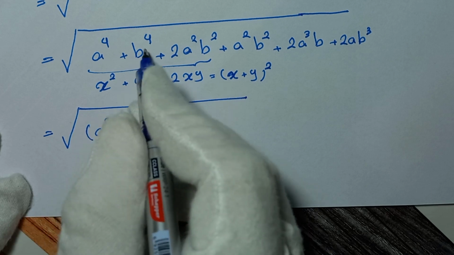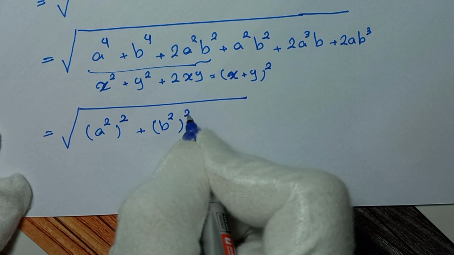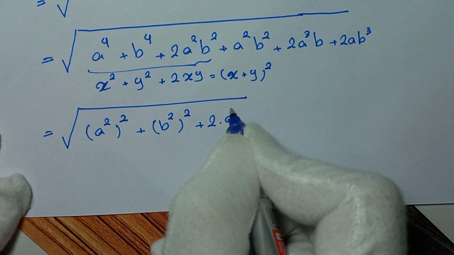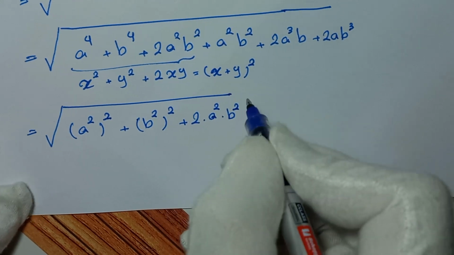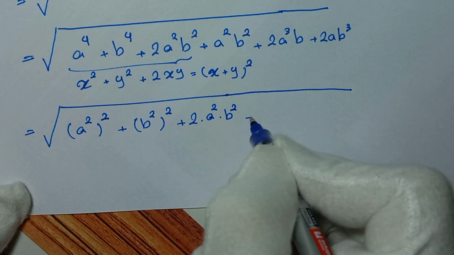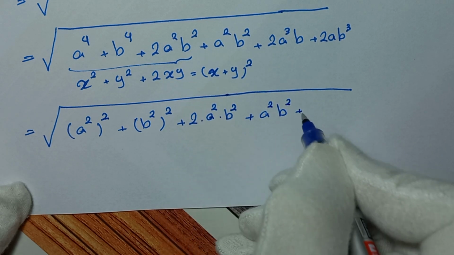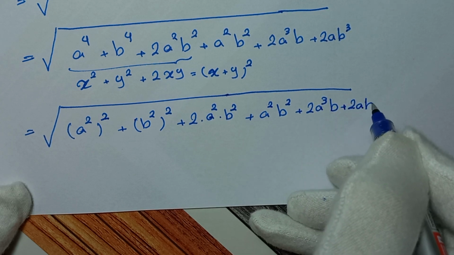And plus here we can write b to the power of 4 as (b square) to the power of 2, and plus here we have 2 times a square times b square, right? And plus this a square b square plus 2a cube b plus 2ab cube.